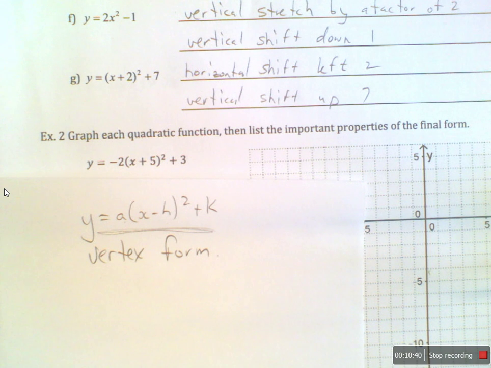While you're doing that, you can think about the general version, vertex form, a, h, and k. Look at our example, y equals negative 2 times x plus 5 all squared plus 3. And think about what all the transformations are in that equation.